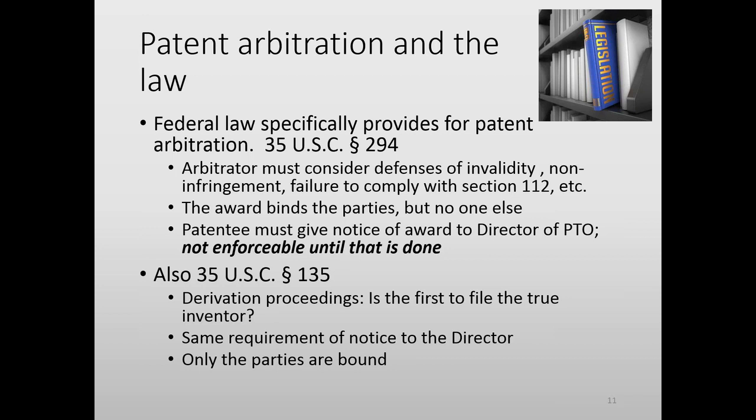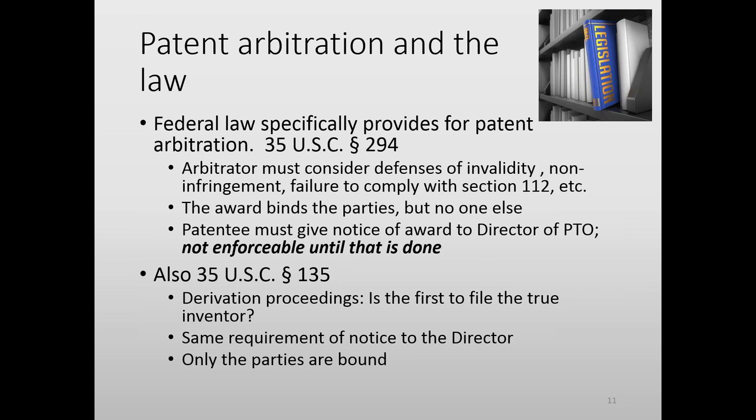But it actually has some interesting things. It says you can arbitrate a patent dispute, but the arbitrator must consider any defenses of invalidity, non-infringement, failure to comply with Section 112, and other conditions of patentability. So that is fair ground in your patent arbitration. The statute requires it.